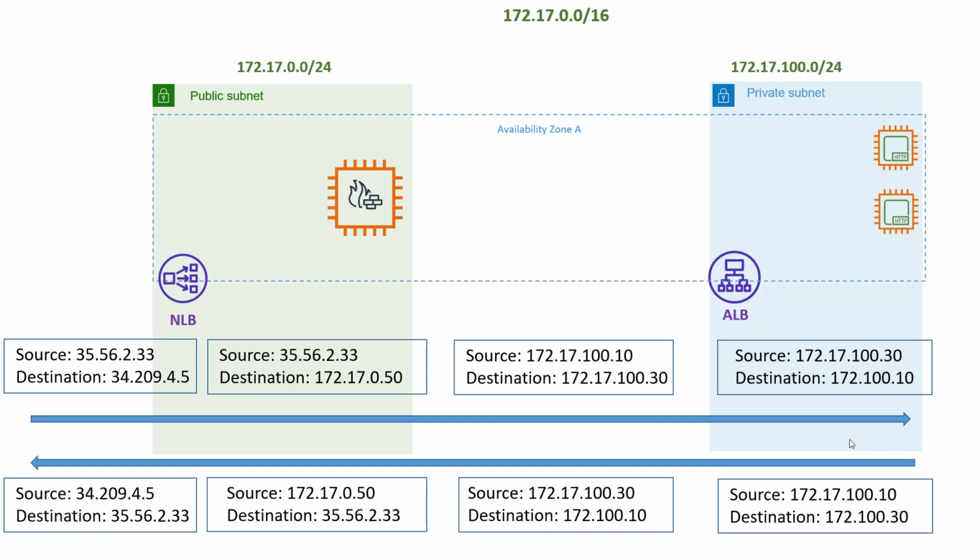Whether you use an NLB or an ALB as the outer load balancer, I want to point out one thing that has to do with the inner load balancer in either design. As you probably know, the IP address of an ALB, one per availability zone, can change as the ALB scales in and out.